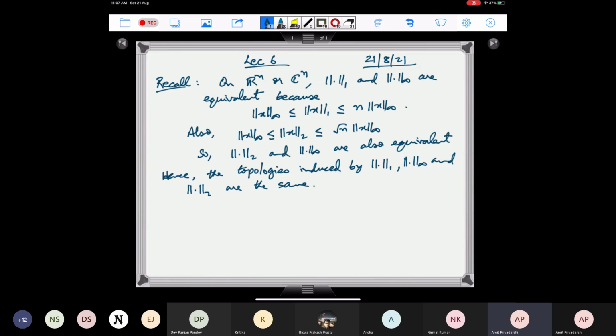What we will prove is that in fact any two norms are equivalent, so they will induce the same topology. Now what do we get from this?